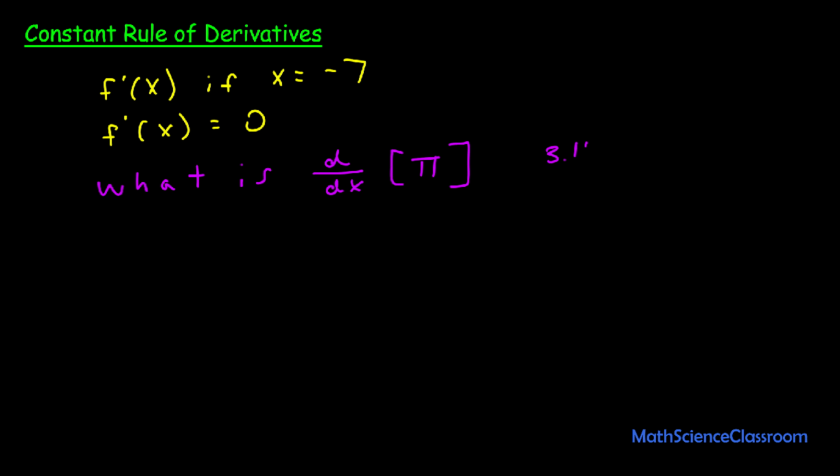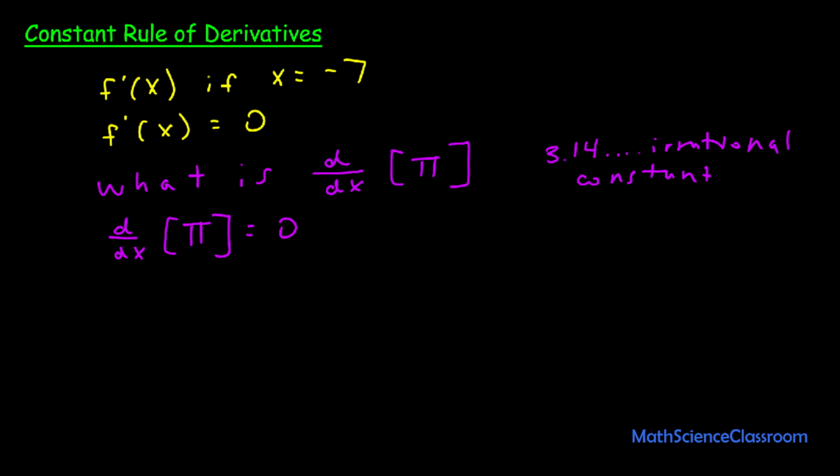It's 3.14, and the number continues. It is irrational, but is also a constant. Therefore, the derivative of pi equals 0.